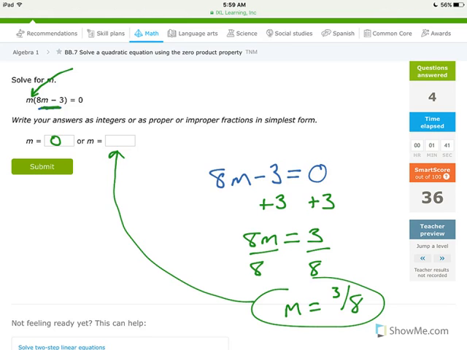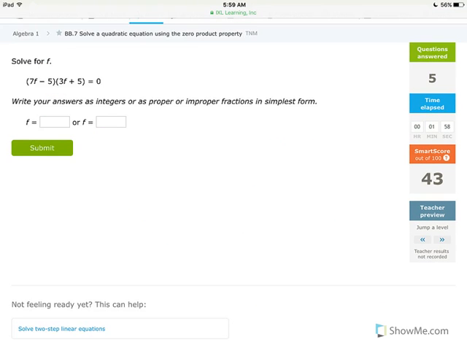So when you get to these, don't be afraid to make an equation out of it and actually solve it out to see what would make that set of parentheses 0. Here's another one, again getting a little bit higher in the smart score area, so more challenging problems. What would make these two factors 0? Just solve them both out.